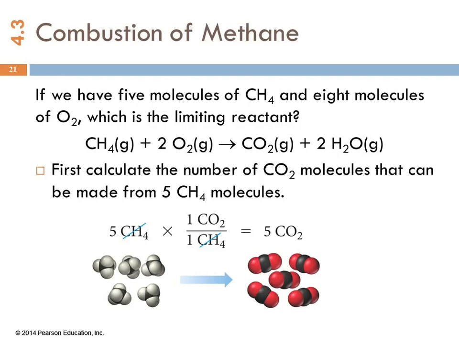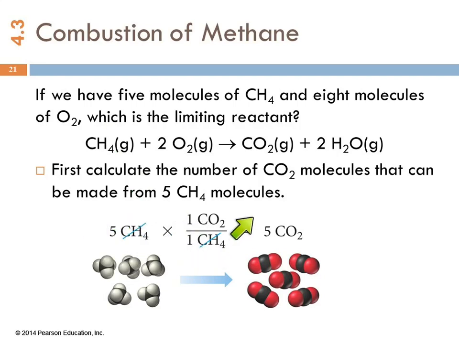If we stay with the number of molecules, what if we have 5 molecules of CH4 and 8 molecules of oxygen? What's the limiting reactant? Well, first we calculate the number of carbon dioxide molecules that could be made from 5 methane molecules. From this reaction, we can get 1 CO2 from each methane. So here's 1 CO2 per 1 methane.